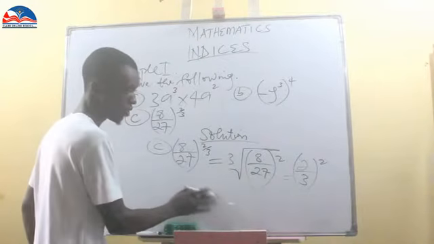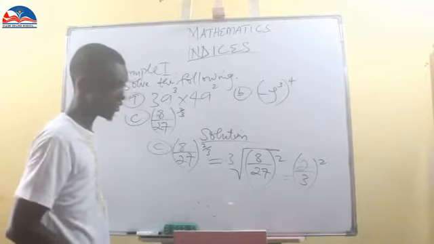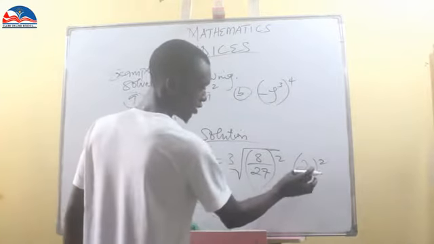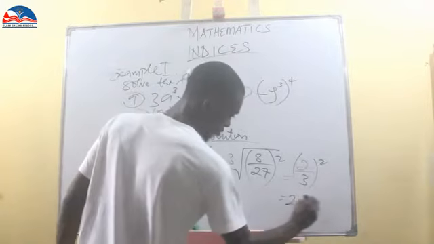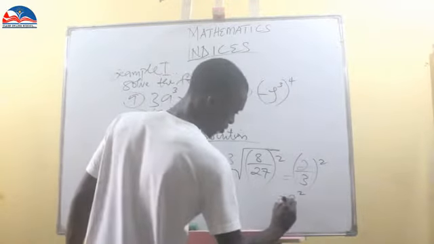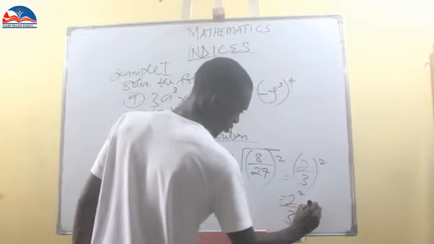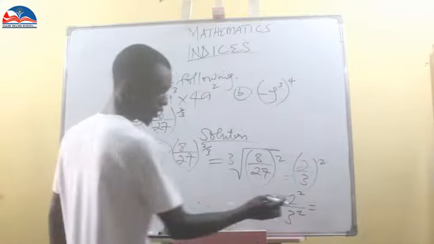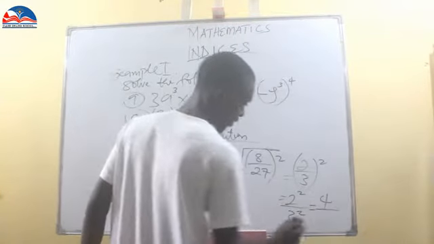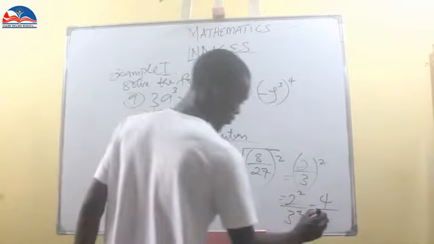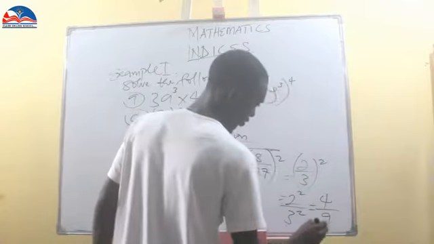So here, 2 over 3, all index 2, is the same thing as 2 index 2 over 3 index 2. 2 index 2 gives us 4, and 3 index 2 gives us 9.